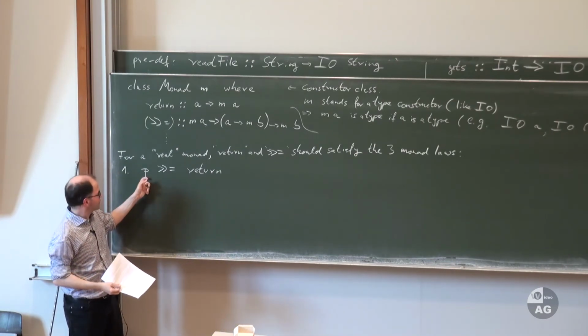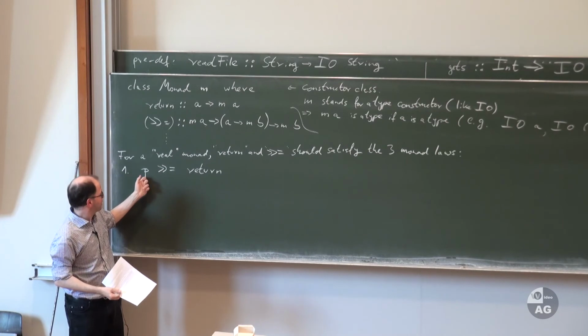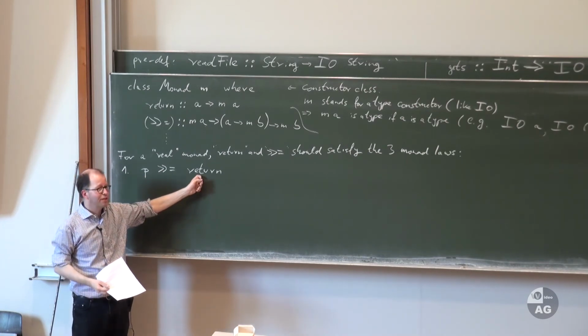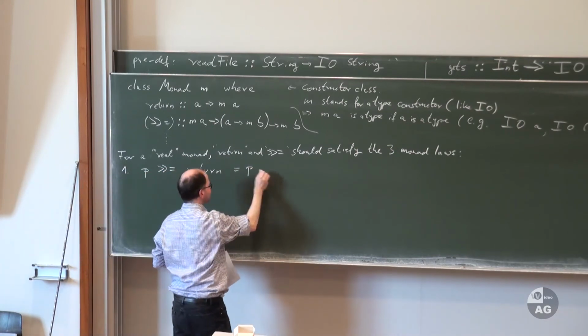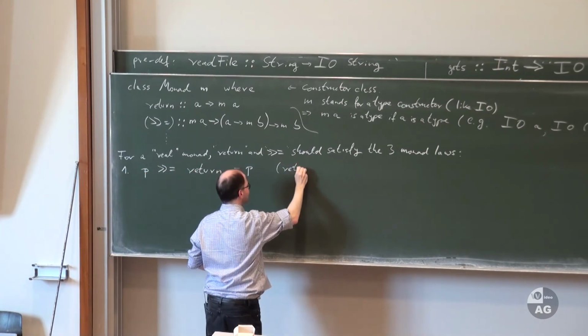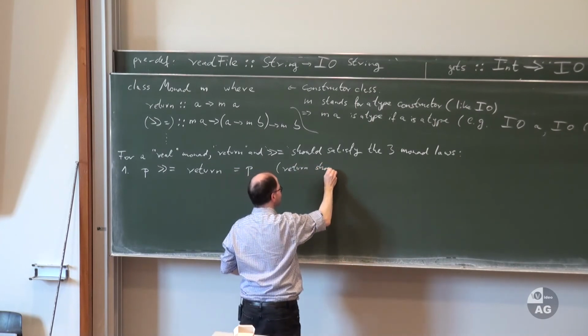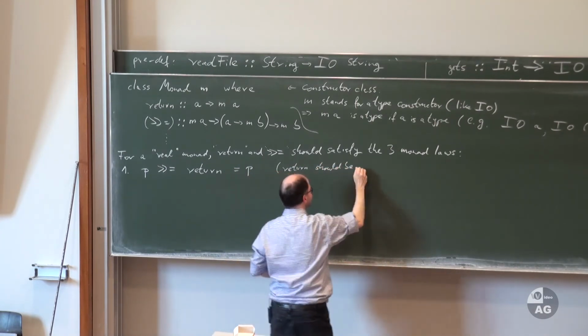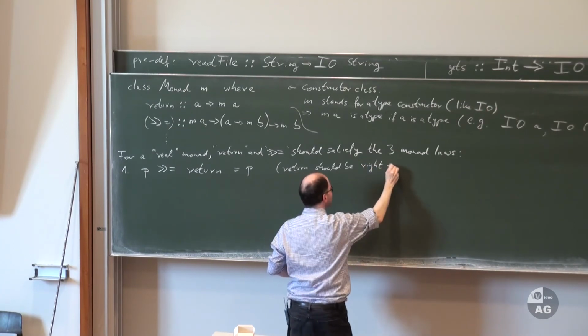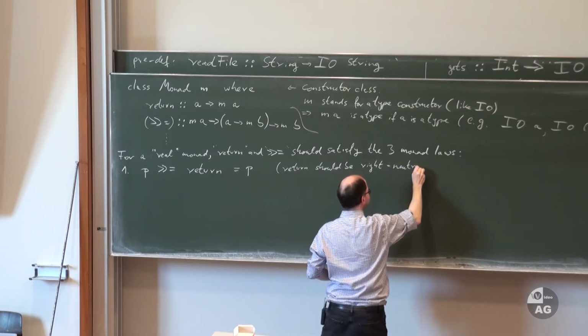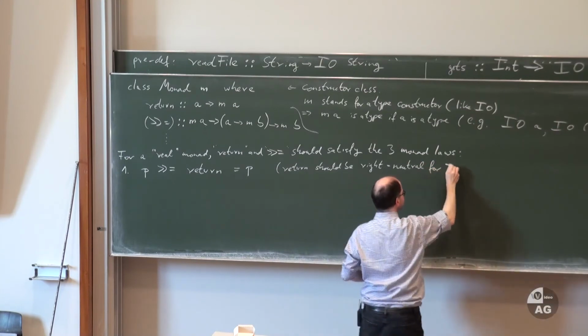So if you first do this action, then you take the element that was determined here, and then you do return, then it should be the same as P. So in other words, return should be the right neutral element for bind.